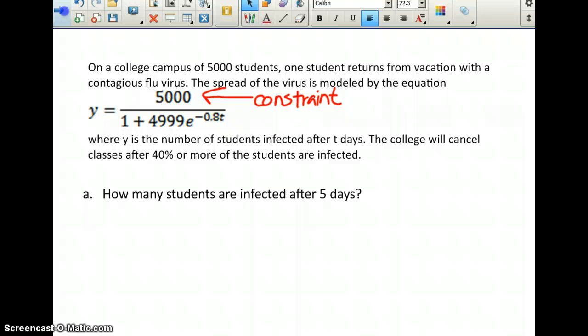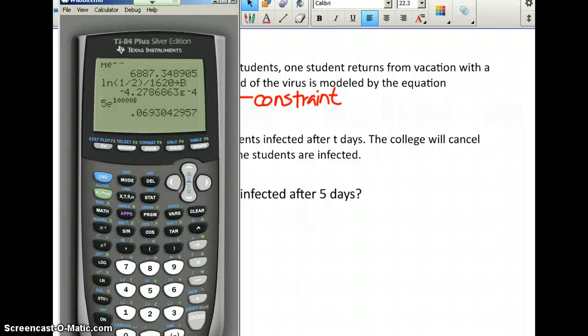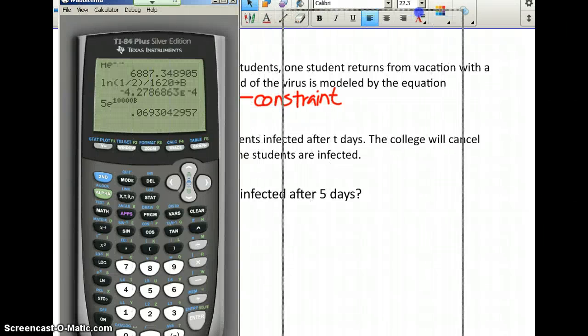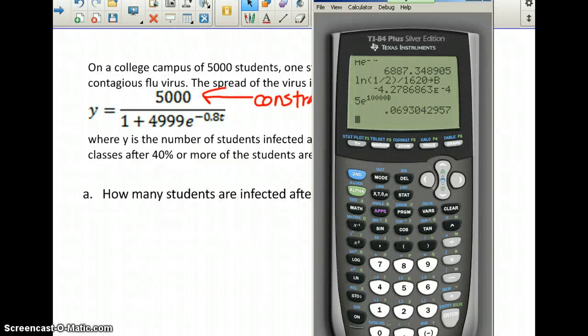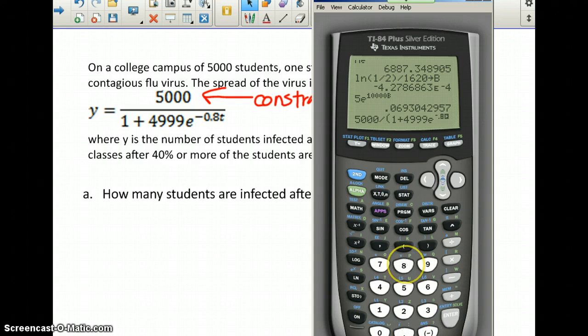The college will cancel classes after 40% or more of the students are infected. So first, we want to find out how many students are infected after 5 days. Well, this is a straight up calculator problem. All right, plug in 5 for t. 5,000 divided by, open, 1 plus 4999 e to the negative 0.8 times 5.